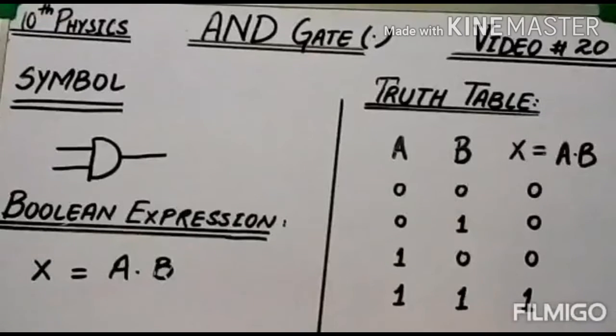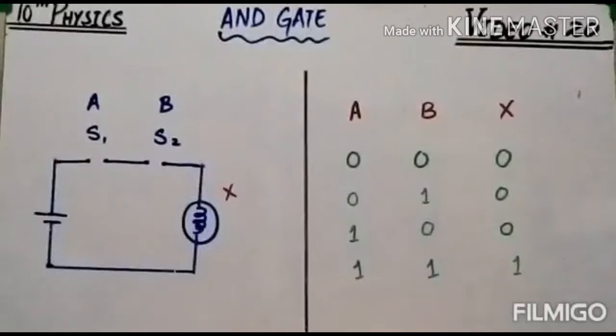So in this gate, you will get an output of 1 when all of its inputs are 1. Otherwise it is 0.